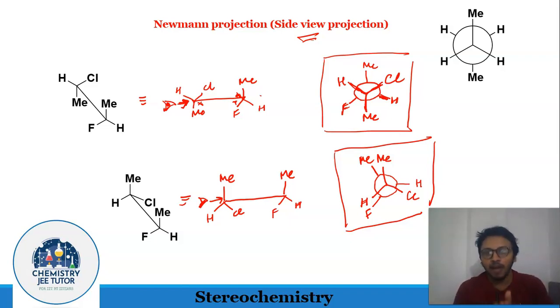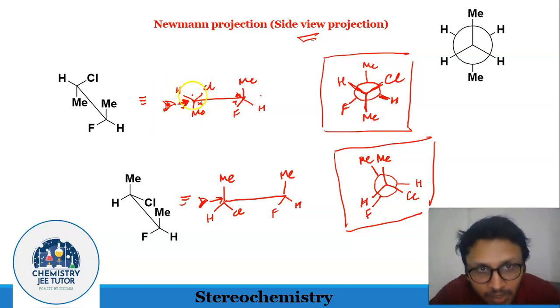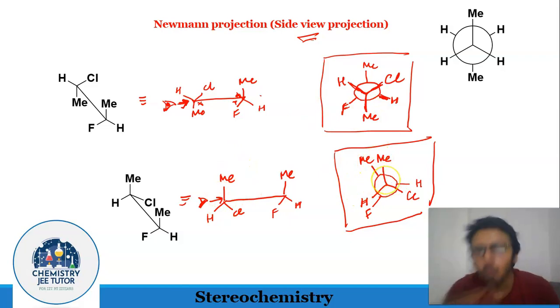We first draw the carbon atom in front of us as a simple Y, whatever way it is given. It was given as a Y pointing upwards, so I drew it like this. Here the Y was pointing downwards, so I drew it like this. Whatever way it is given, you just draw it like that. Don't try to change the projection, it will become difficult. Then go to the back carbon and draw it again in whatever way it is given. Then it will become easier.